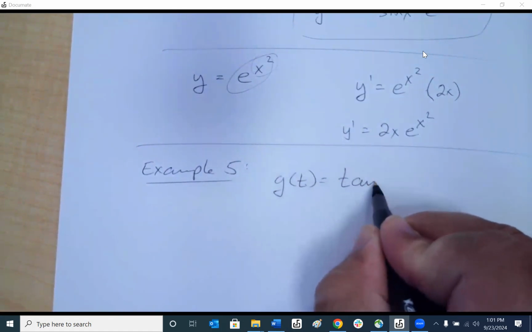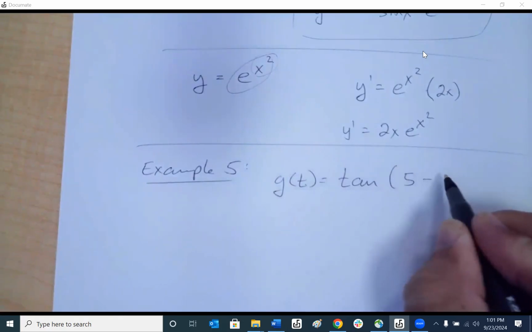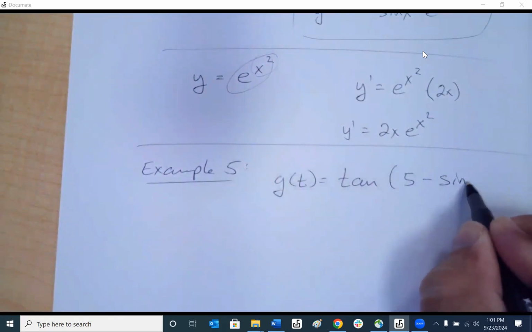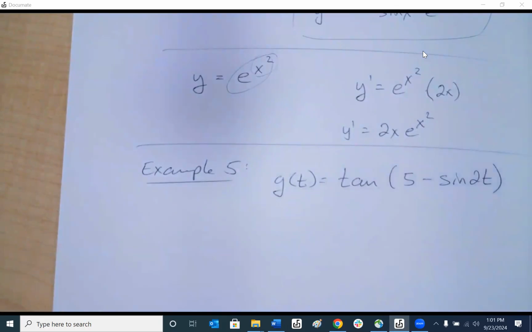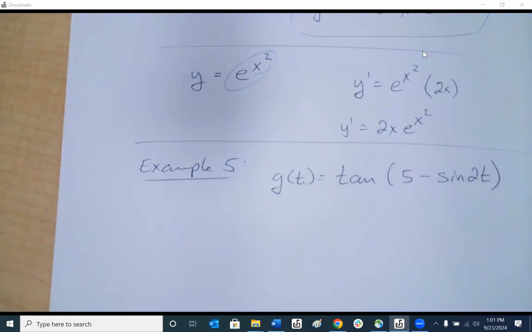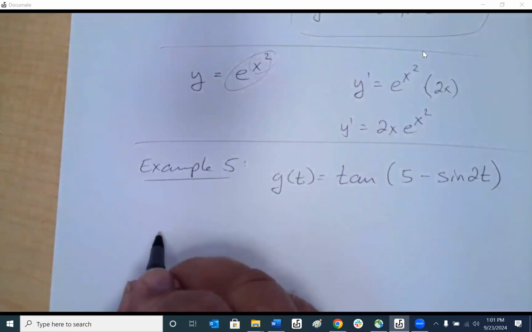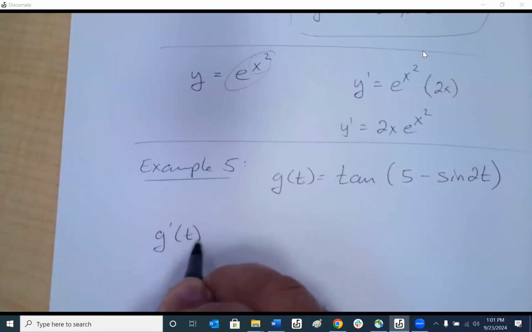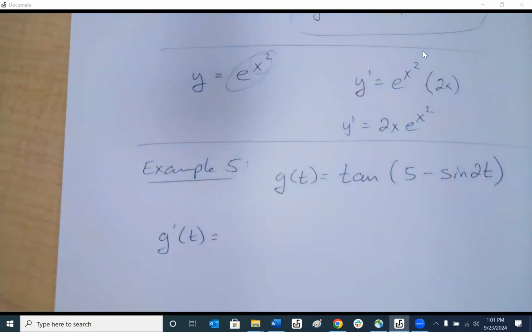Now we have the tangent of 5 minus sine 2t. This one you're going to hate, because it's got a couple of nested parts. So the derivative: what's the derivative of tangent?